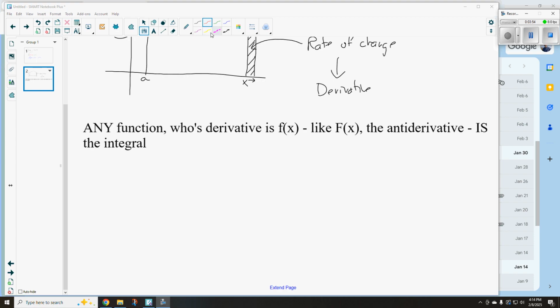I kind of made a little shorthand: if I'm starting with an integral from a to x of f of t dt, and I take the derivative with respect to x of that, I know that is equal to f of x, and the antiderivative of f of x is big F of x.